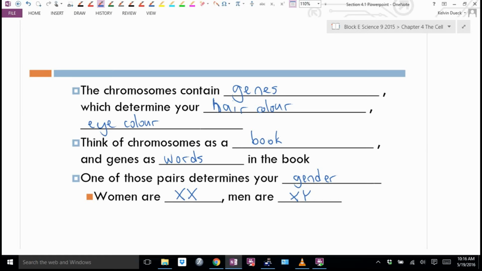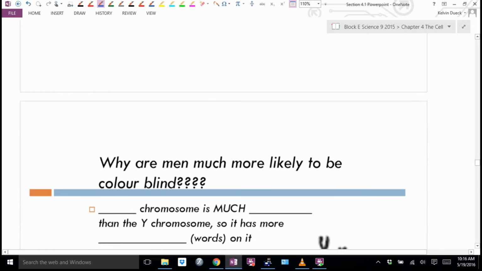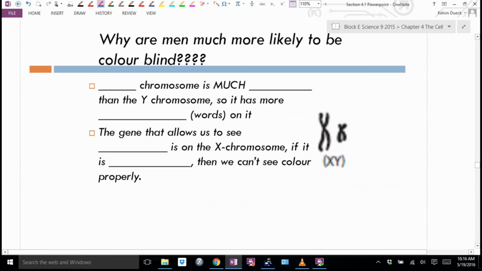This right here explains why some types of physical ailments, challenges are more prevalent in one gender over another. For example, color blindness. Why are men so much more likely to be colorblind? Last year, the NFL was trying out new uniforms, and I think it was the Jets playing the Cardinals, and the Jets were wearing dark green, and the Cardinals were wearing dark red.